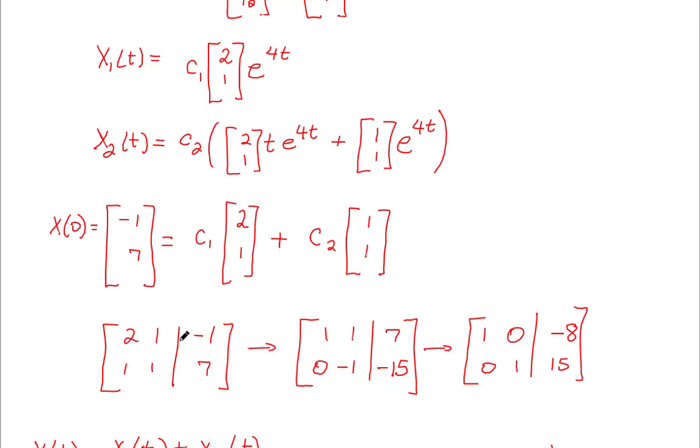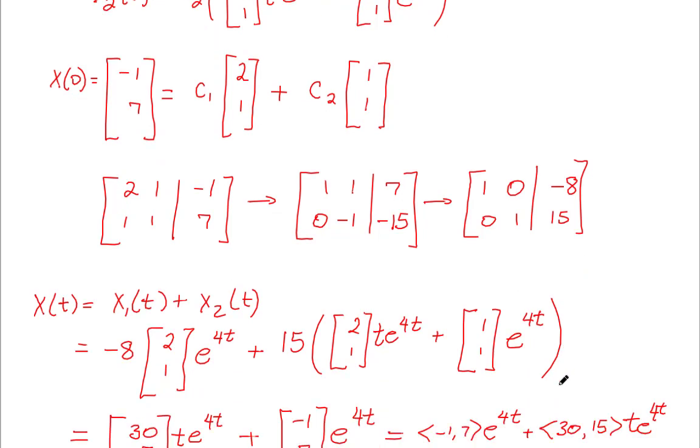So I get (2, 1), (1, 1), and (minus 1, 7). So I switched row 2 to the top so I could use the 1. I got rid of the 2. Divide by minus 1 and now make a 0 above it. And so what that tells me is C1 is minus 8, C2 is 15.